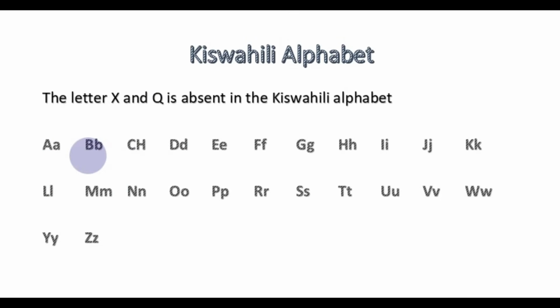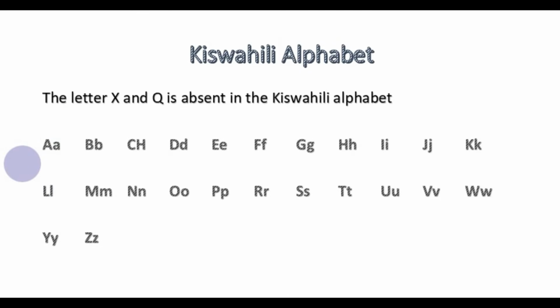The 5 vowels are A, E, I, O, and U. Now, let's look at the letters and how to pronounce the sounds of the letters.